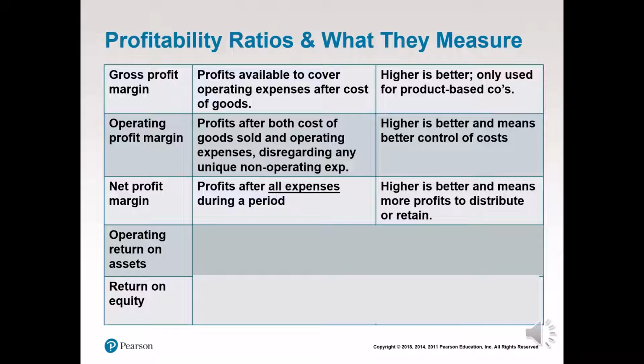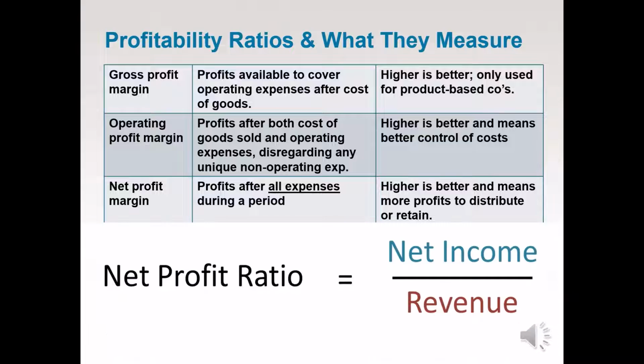Some service businesses can have a profit margin closer to 50 or 60%. You calculate your net profit ratio by taking your net income and dividing it by your revenue. Remember that net income is your sales minus your cost of goods sold, minus your operating expenses, minus any non-operating expenses.